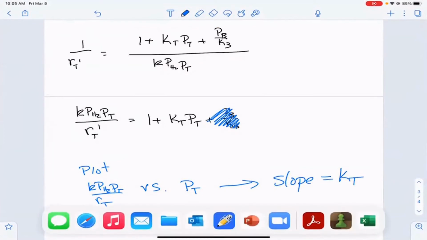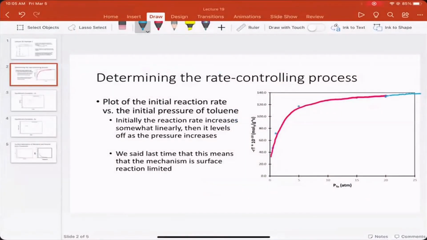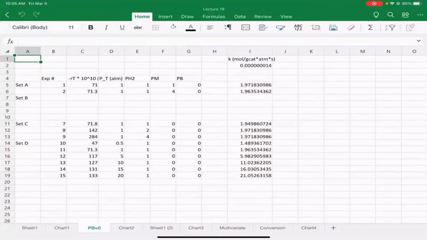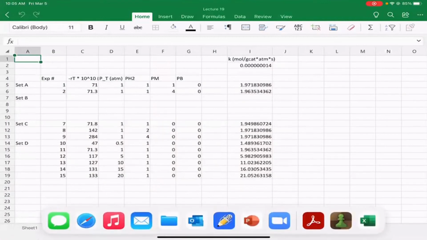All right, so I did that, and we get a very, very nice straight line. And that's all of the data points. You can see in Excel, essentially, we can calculate that value and then plot it.